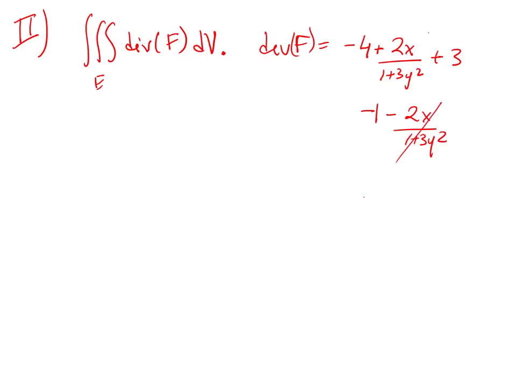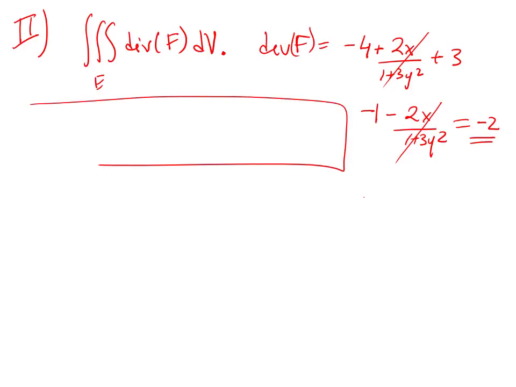So this annoying stuff just cancels out, and you just get a number: minus 4 plus 3 minus 1, which is minus 2. Unfortunately not 0, but minus 2. So that's not so bad. And again, this region that we're interested in is given by x and y lie in the disk D, and z lies between 1 and 2 minus x squared minus y squared.